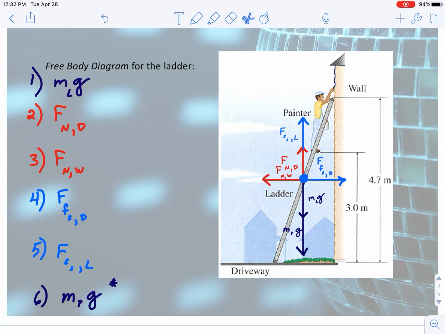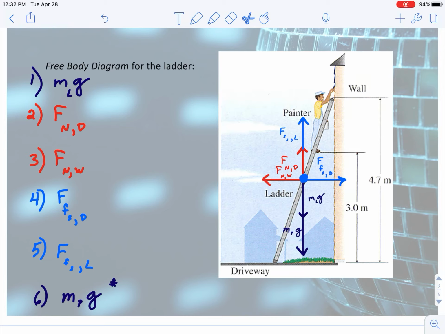Now, I had no numbers to work with here, but I tried to draw these somewhat to scale. If the ladder is not accelerating, either up, down, left, or right, that would mean all forces on the y-axis have to cancel out, so the 2 up forces cancel with the 2 down forces, and then all forces on the x-axis cancel.